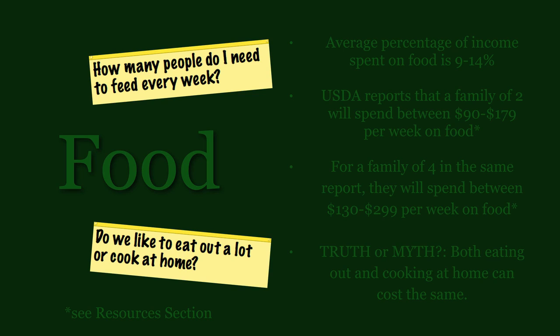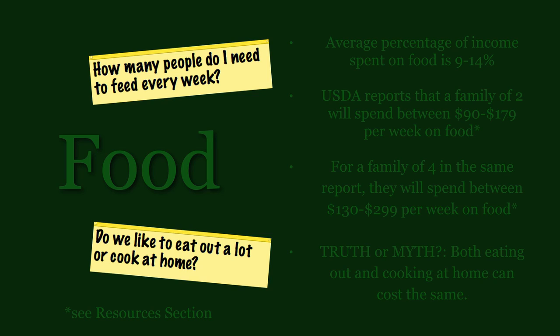That is a huge gap. $90 is more of your very thrifty households, and $179 are more of those people who like to spend money on their food. They like to be a little bit more lavish. So you can be anywhere in there for a family of two.